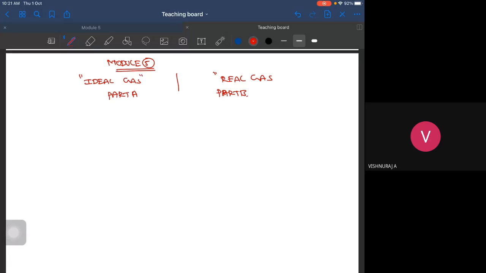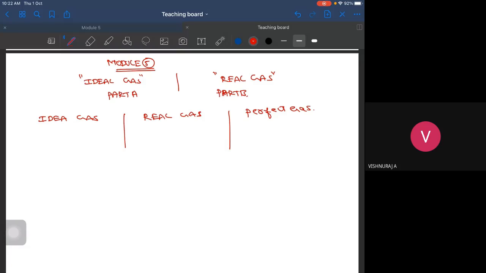So first of all, let us try to understand what we mean by an ideal gas. And there is another gas known as a real gas, and one more gas called a perfect gas. So what is the differentiation between all these gases? See, these are all assumptions.